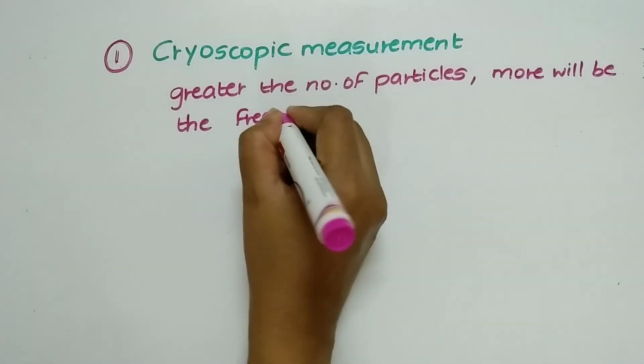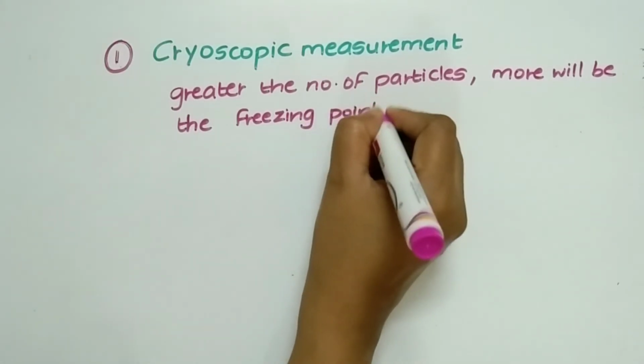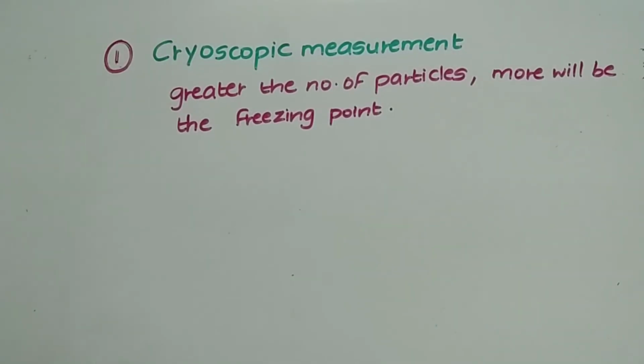So, cryoscopic measurement means it depends on the depression in the freezing point. So, check for the counter ions always, counter ions and the entire entity, the complex, which is written in the square bracket. Correct?